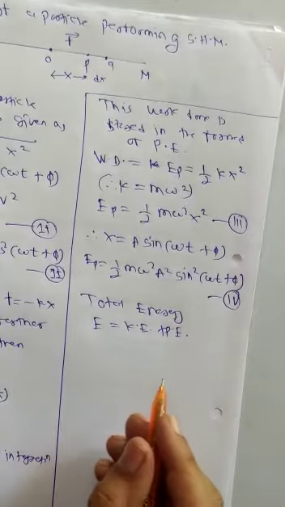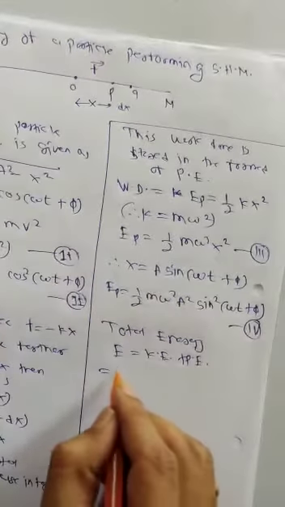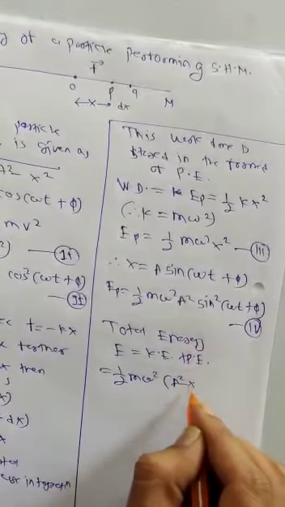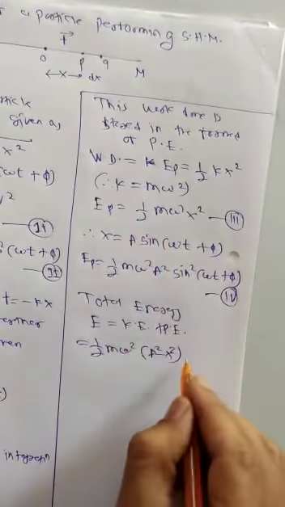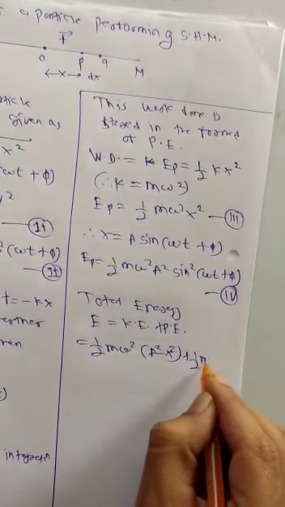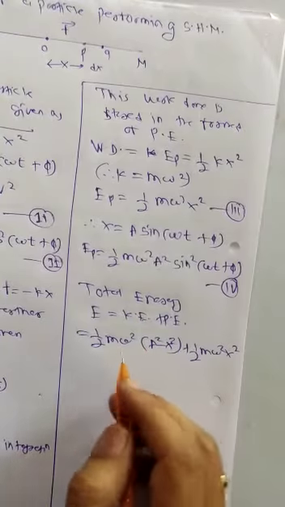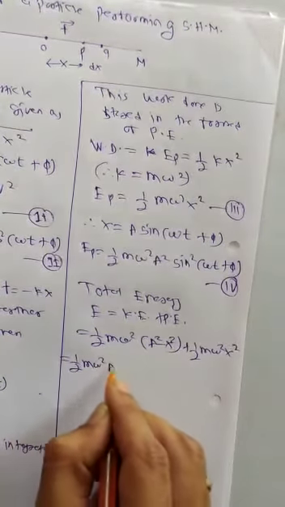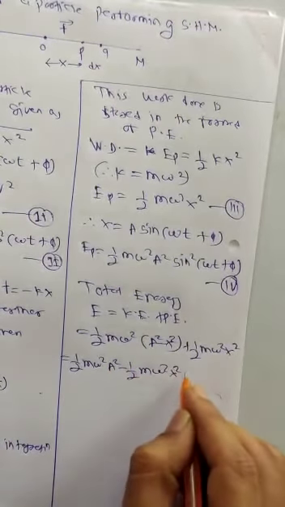If you add them, first I will write the kinetic energy from equation 1: half m omega square times a square minus x square, and the potential energy will be half of m omega square x square. So multiplying the bracket by half m omega square, it will be half m omega square a square minus half m omega square x square.